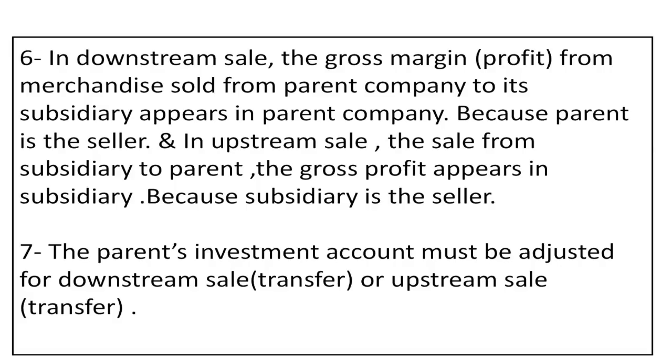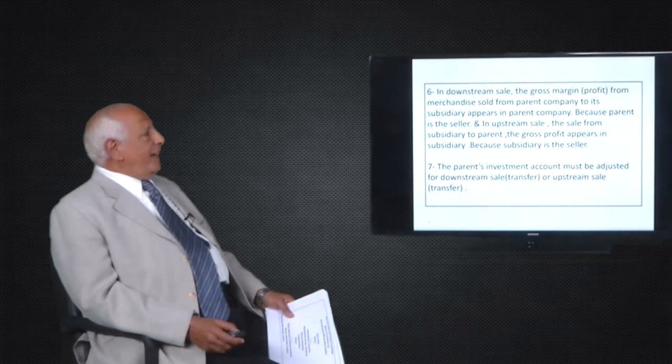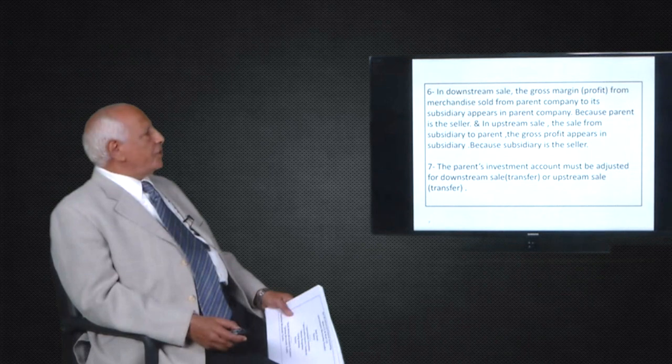What about downstream sale? The gross margin or profit from merchandise sold from the parent company to the sub appears in the parent company because the parent is the seller.